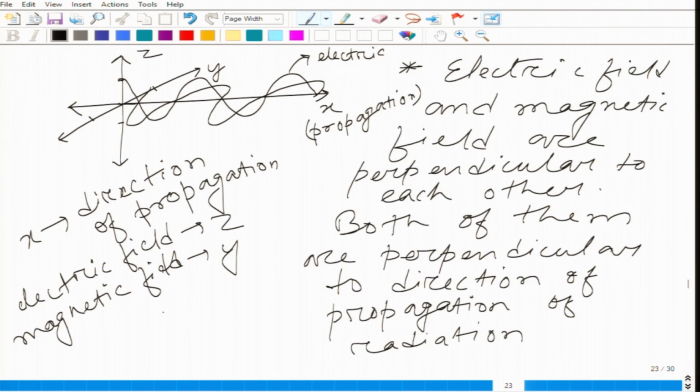By a more simplified image we can draw it like this. If electric fields are in this direction and the magnetic fields are in this direction, they are perpendicular to each other.